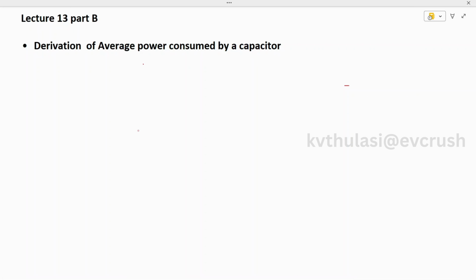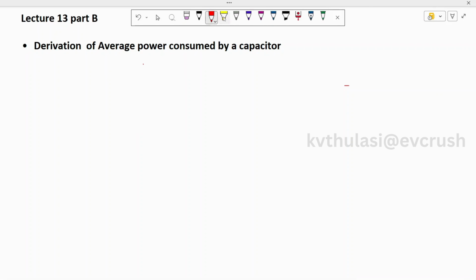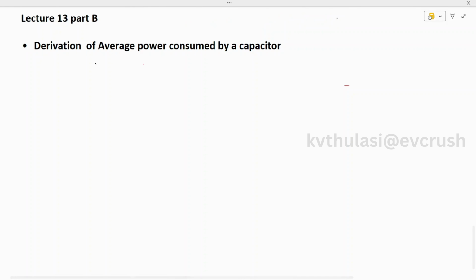Today we are going to find the derivation of the average power consumed by a pure capacitor. Okay, so here we have the formula for power is equal to small v into small i. So we can write it as Vm sine omega t, and the current as Im sine of omega t plus pi by 2.